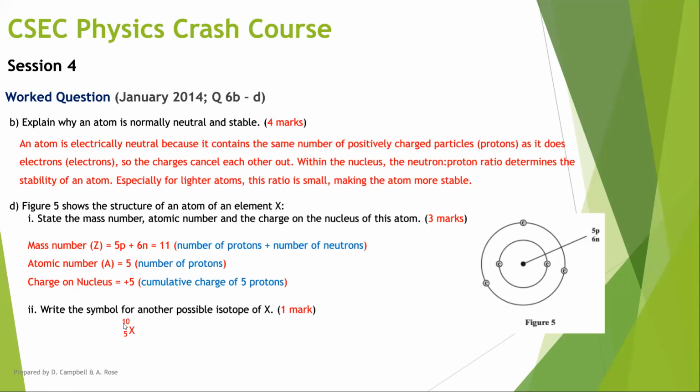Of course, you could use another number, maybe 12, 13 or 9. Of course, not too far out, because remember that we want it to be something that could possibly exist in nature. We want the proton-to-neutron ratio not too far outside of stability. So we have 10 for the mass number and 5 for the atomic number.